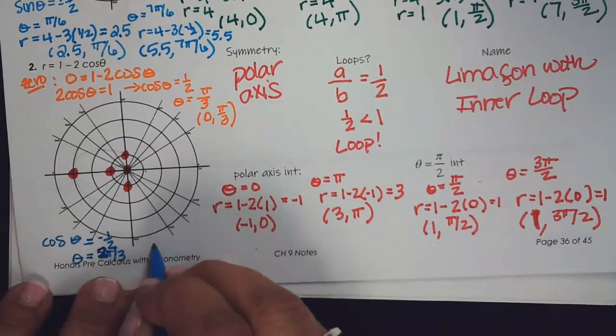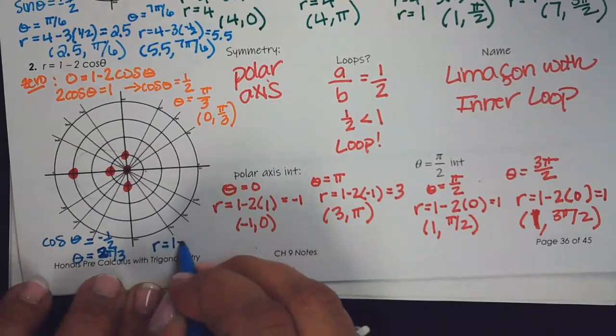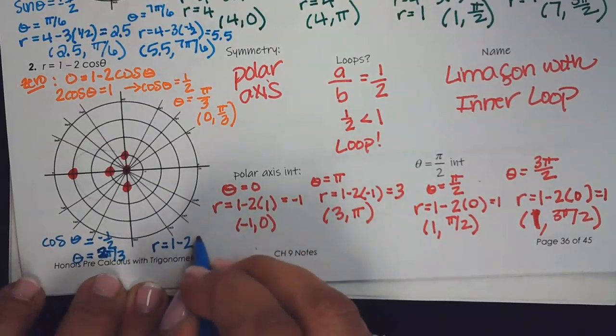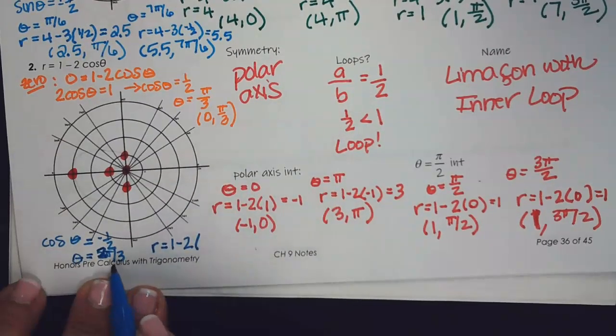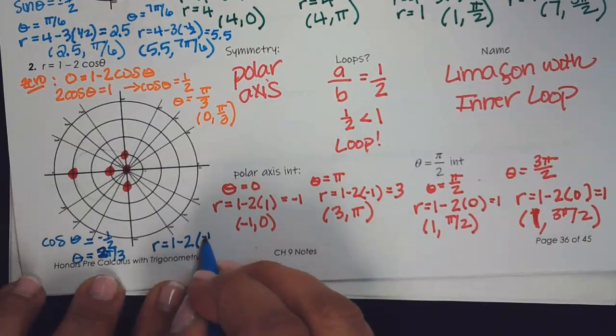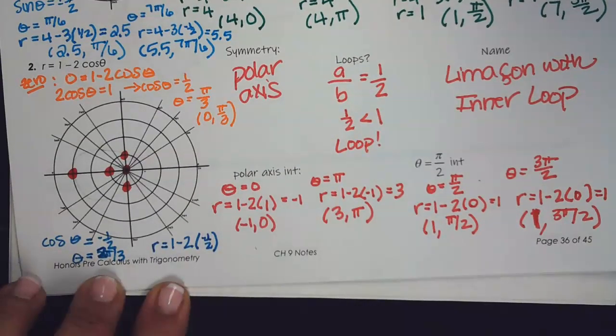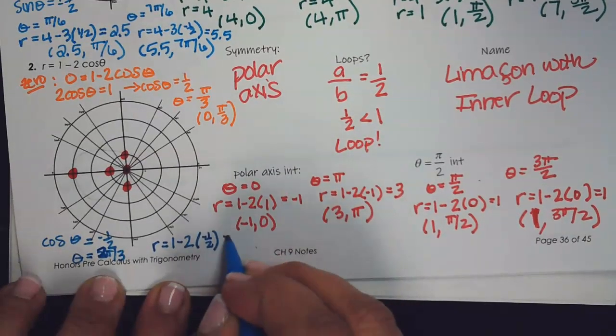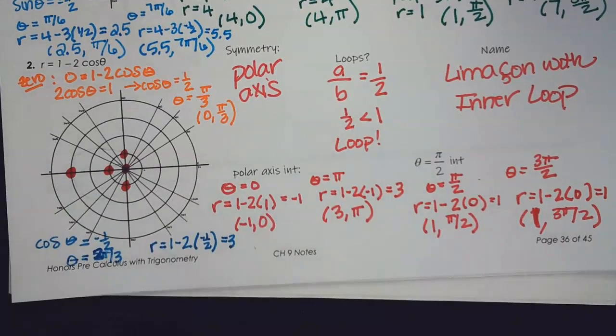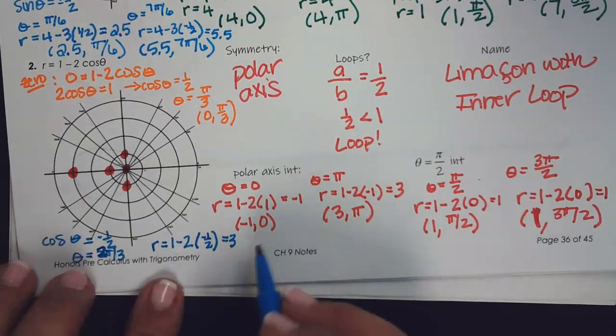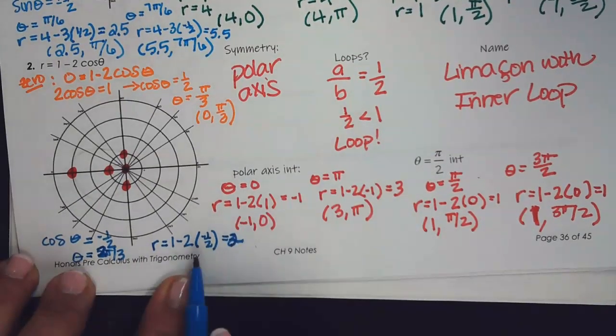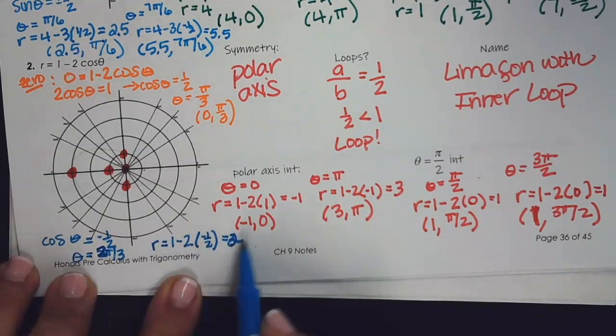So then we could say, all right, r equals 1 minus 2 times the cosine of 2 pi thirds, which is -1/2. And so that means that my r value would be 2, sorry. -2 times -1/2 is 1, so 1 plus 1 gives me 2.